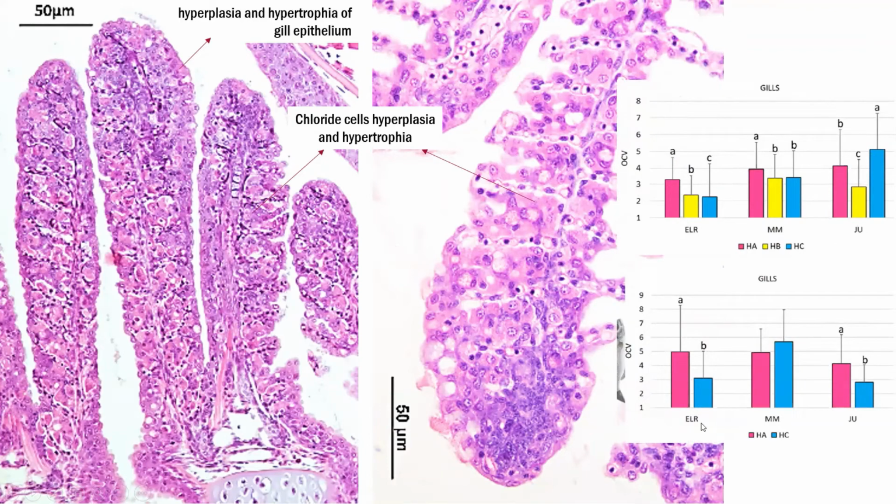So the OCV explains well that in some cases, for some fish, there is a problem related to the gill. I remind you again that in OCV all the pathological lesions are considered.